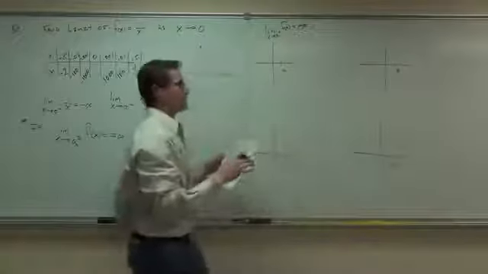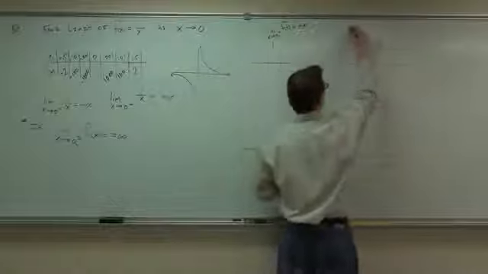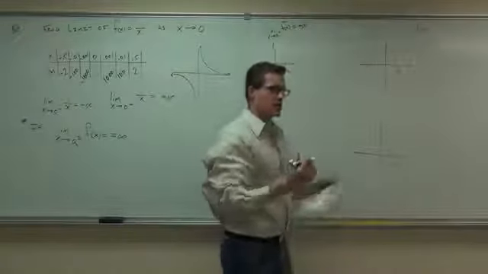So the one case is, what happens if we approach A from the right and we're going to positive infinity? Another case would be, what happens if we approach A from the right and we go to negative infinity?